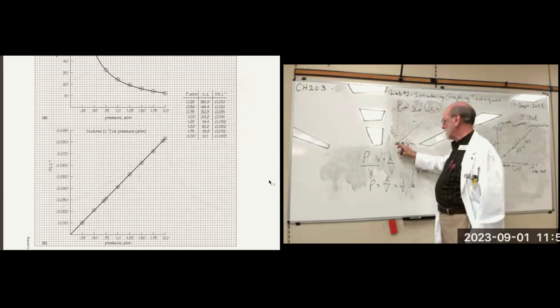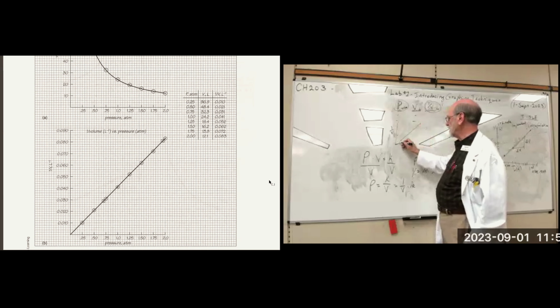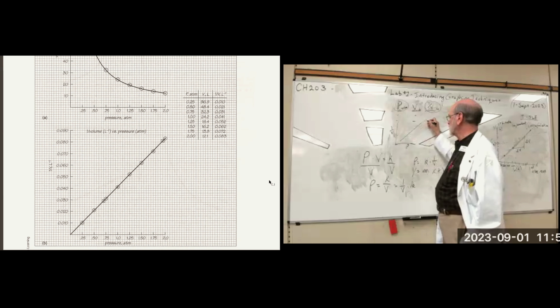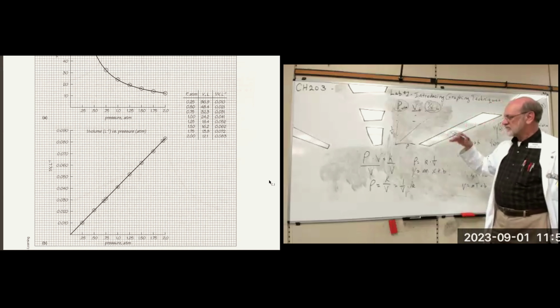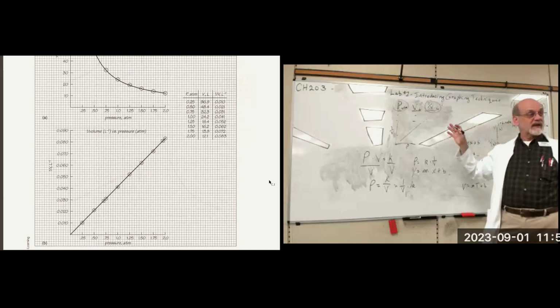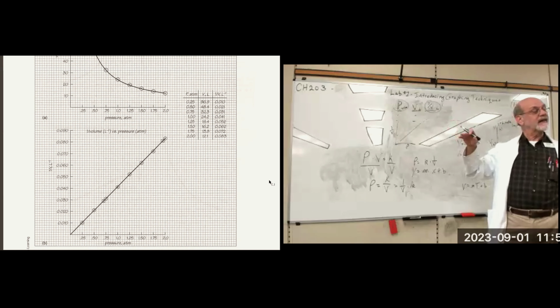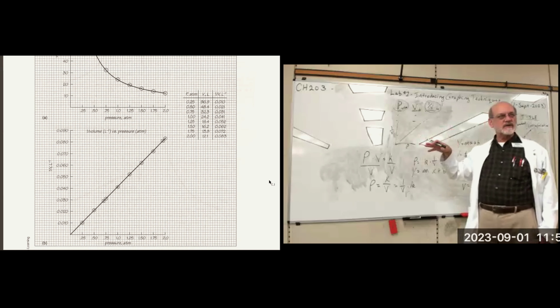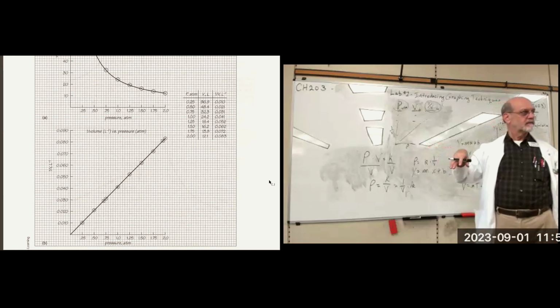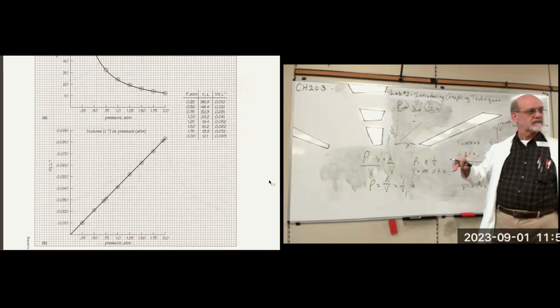Let's say our data set really doesn't go down that far. Maybe it goes up like that. And this would be an extrapolation. Okay. So if we want to do some interpolating, right? We want to find out at what pressure would the volume be, say, 40 atmospheres.